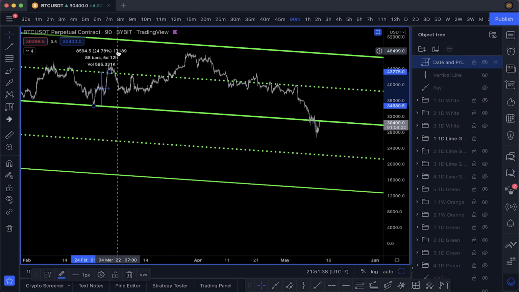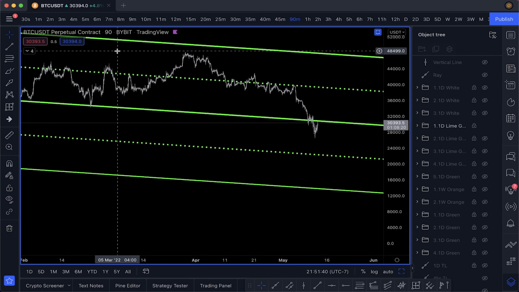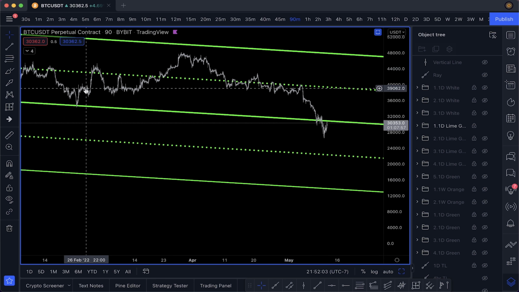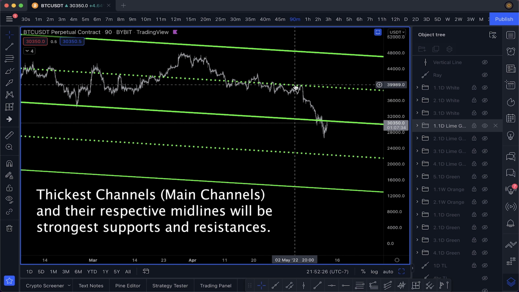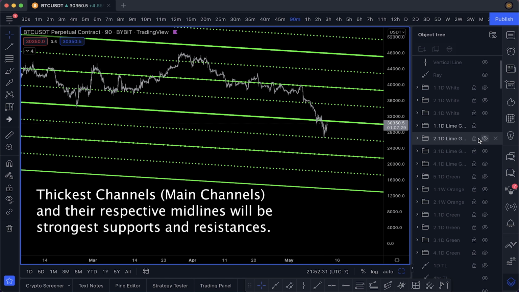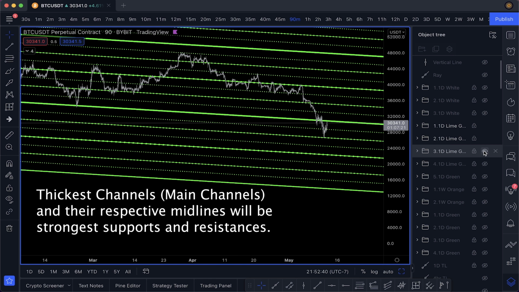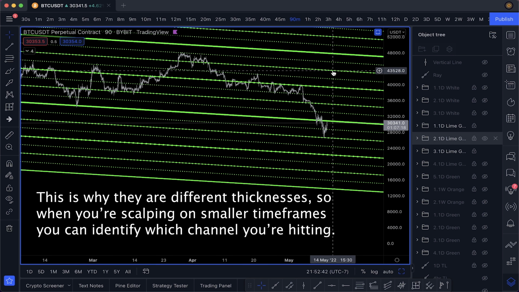So, like I said, depending on what type of trader you want to be, you can take trades on these different channels. But you see these channels are thicker lines and thicker dots. When you turn on the 2, a little bit thinner dots and thinner lines. So you turn on the 3, even thinner than that one.